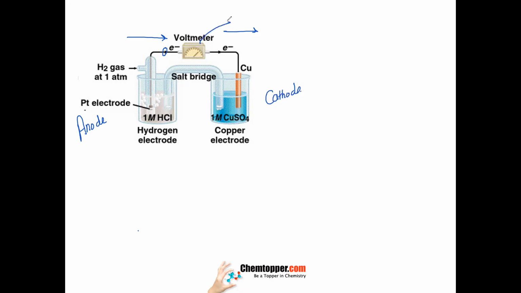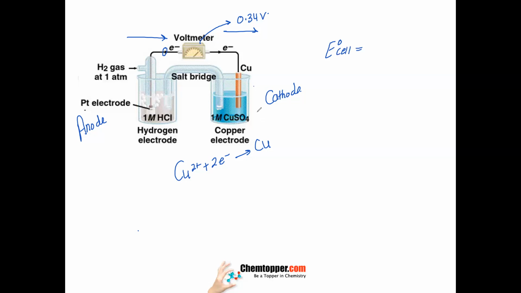If the reading deflected here is 0.34 volts, then what is the reduction potential of copper 2 plus, which is the cathode? You know that E naught cell is cathode minus anode.